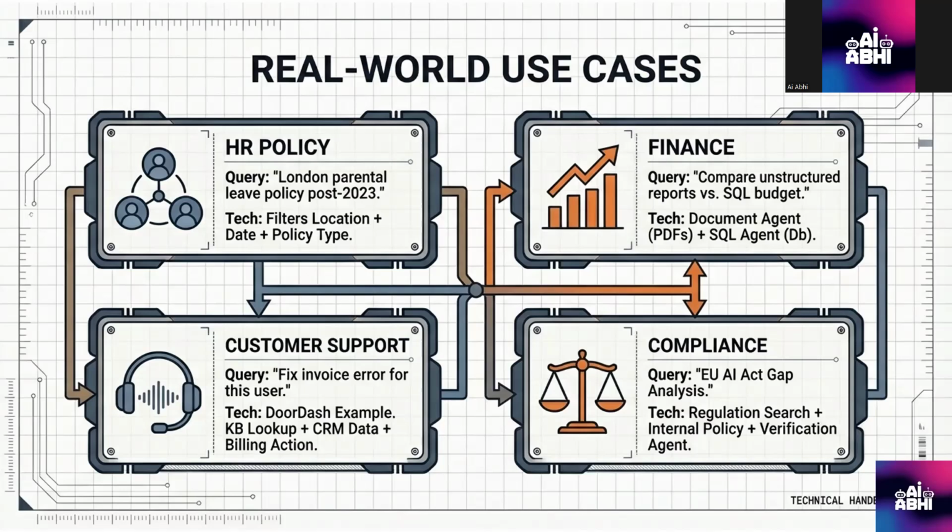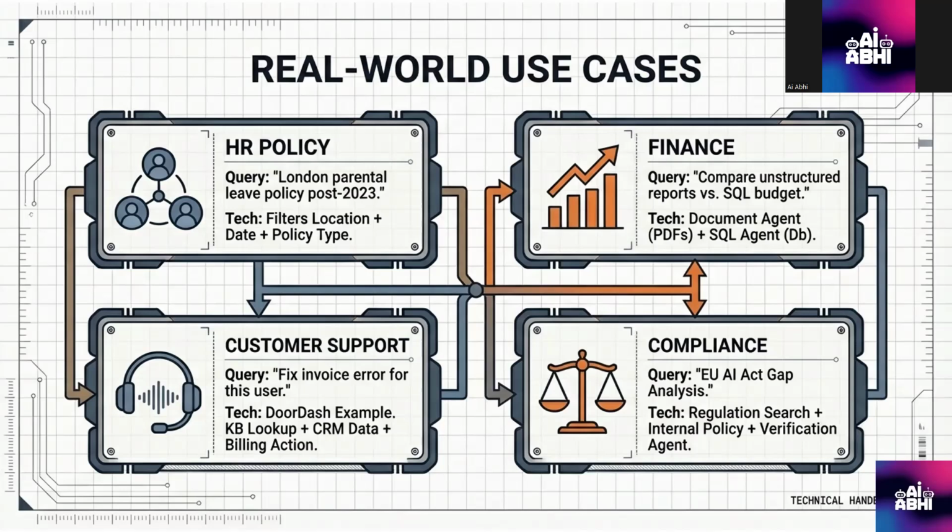The next use case is financial analysis. A financial analyst asks, compare our Q3 expenses to the budget and flag any department that's over 110%. This requires searching unstructured financial reports and querying a structured SQL database for the budget numbers.